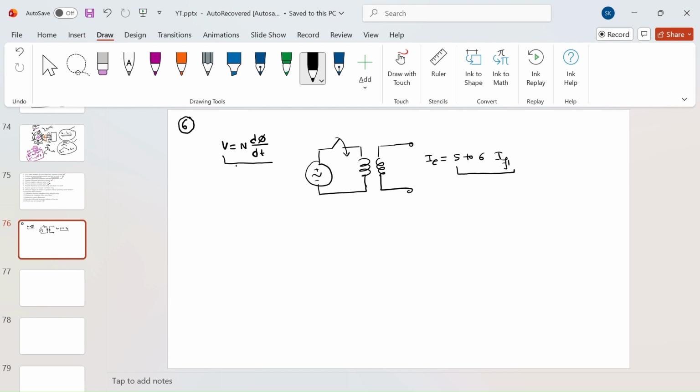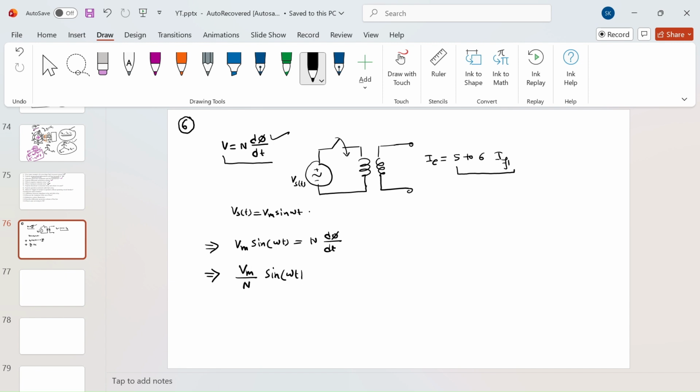Let's say my supply voltage Vs of t is a sinusoid, Vm sin omega t. I put this equation into Faraday's law of electromagnetic induction, so I have N d phi by dt, and I want to see how phi will behave.